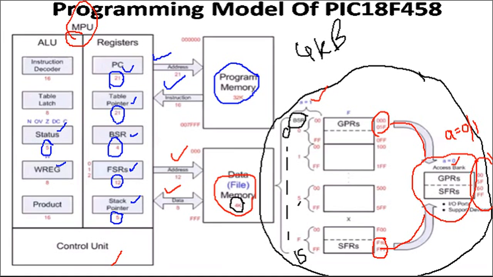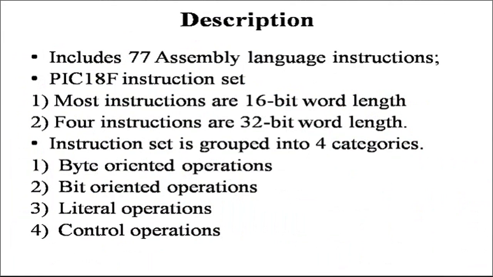There are some important points as far as the programming module is concerned. It includes 77 assembly language instructions. The PIC18F instruction set consists mostly of instructions of 16-bit word length, and there are only 4 instructions which are of 32-bit word length.